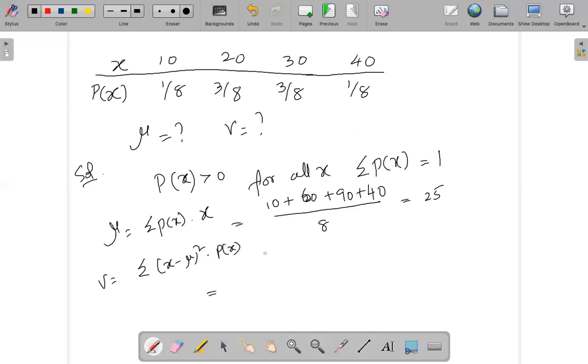This is the formula. After simplifying everything, we get 600 by 8, which is equal to 75. So the mean is 25 and the variance is 75.